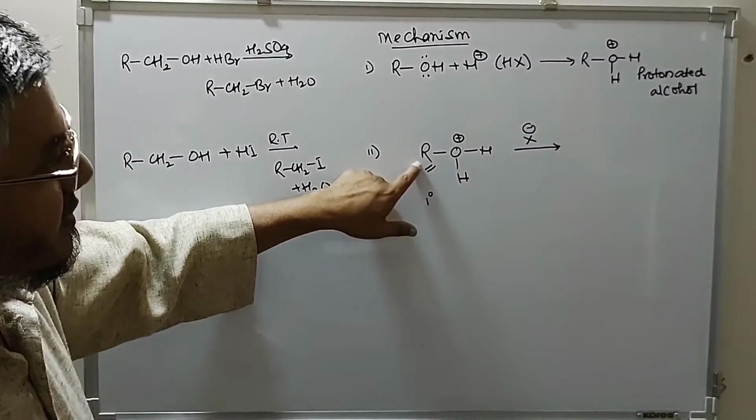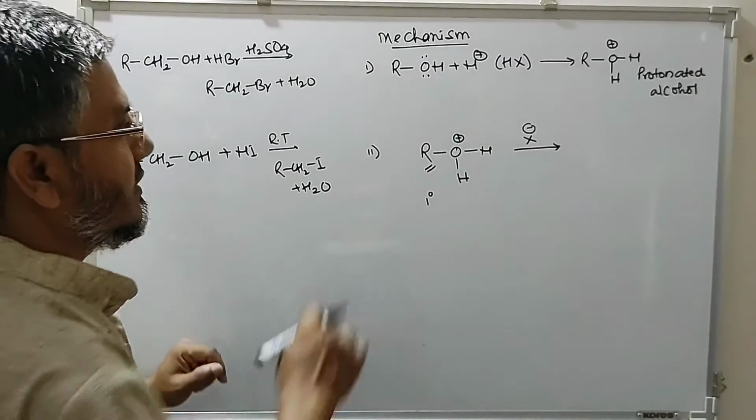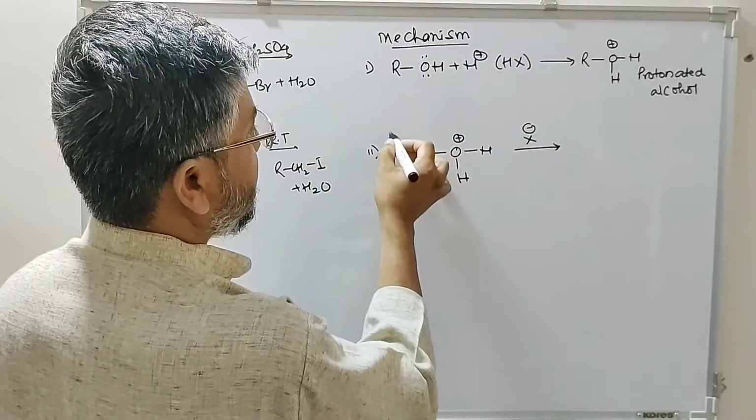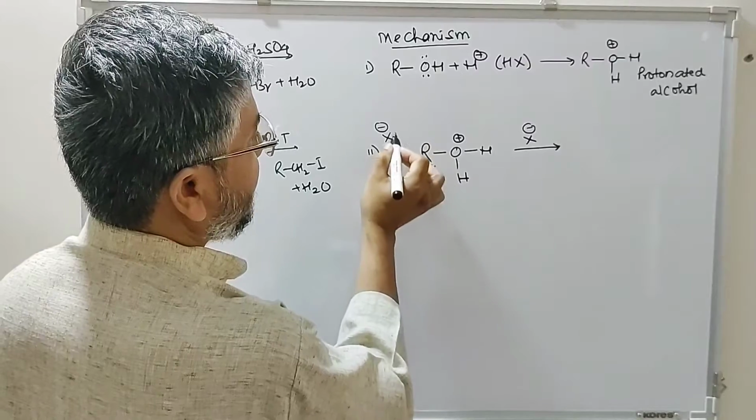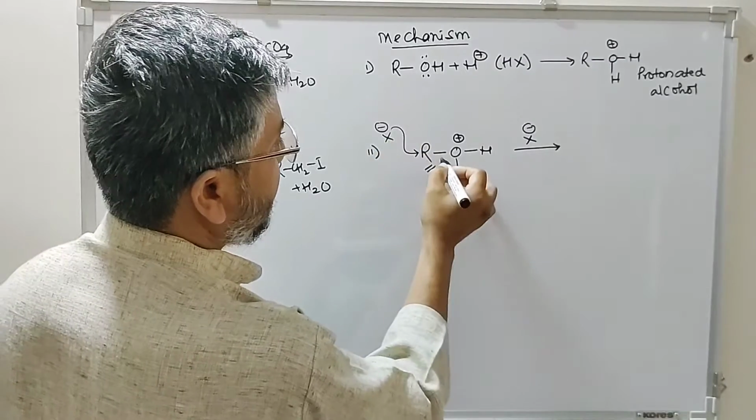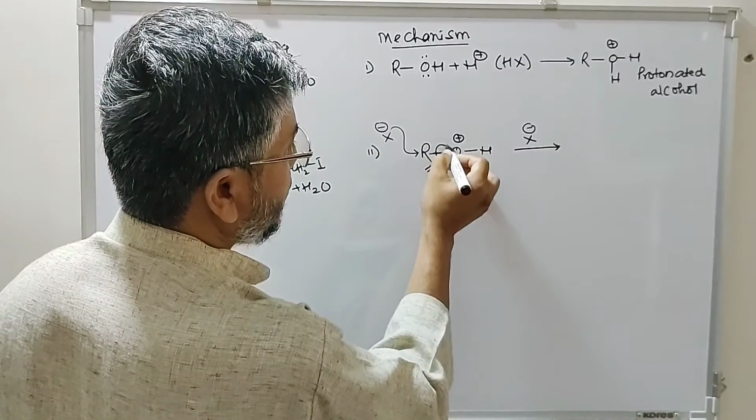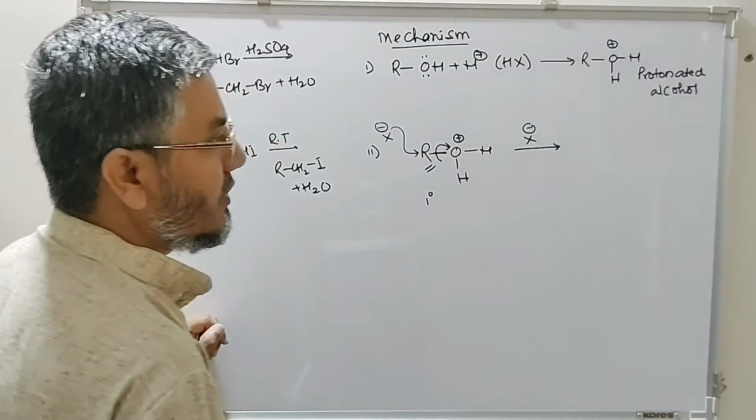If the alkyl group is primary, then it reacts in this way. Look at this. X minus attacks from the rear side, and the R-O bond cleaves, and the electrons are taken up by oxygen.